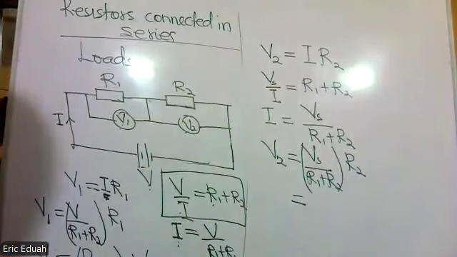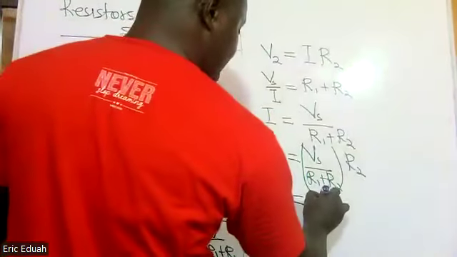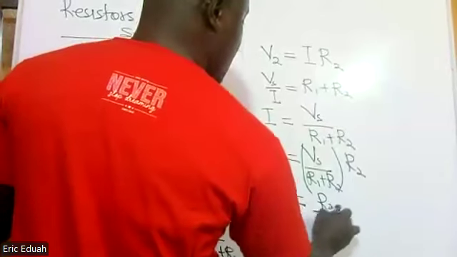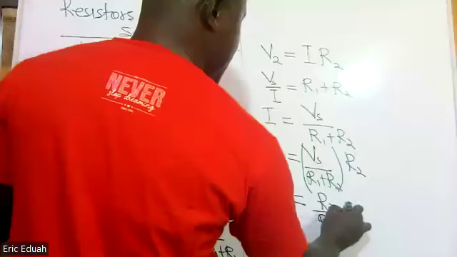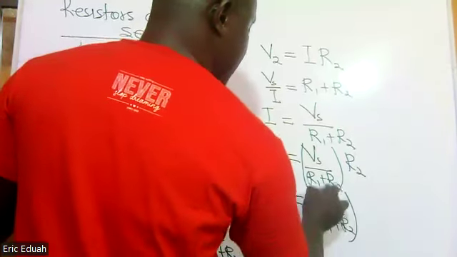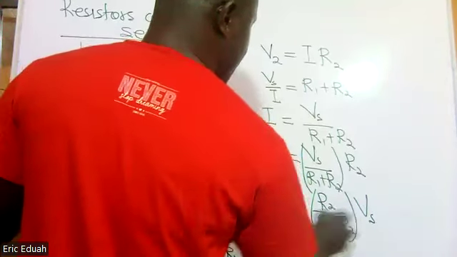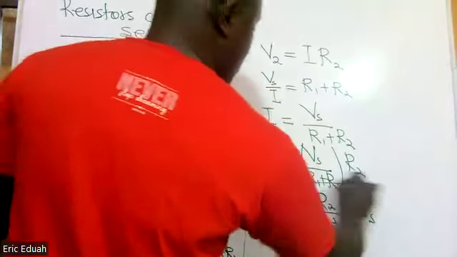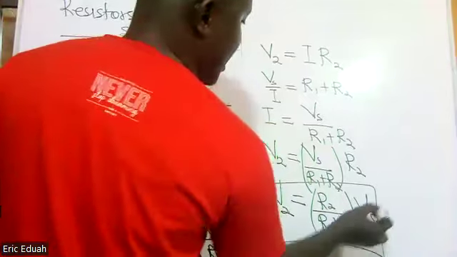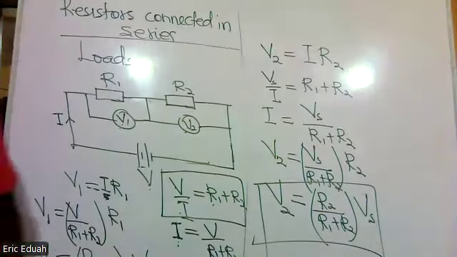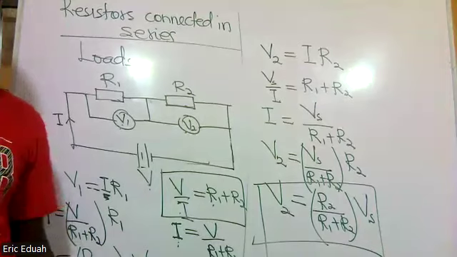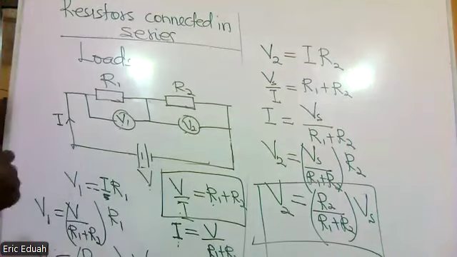Then we rearrange this beautifully. So we have R2 over R1 plus R2 times Vs, where Vs is the source voltage, this one.